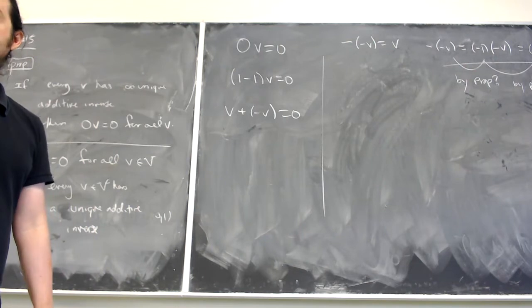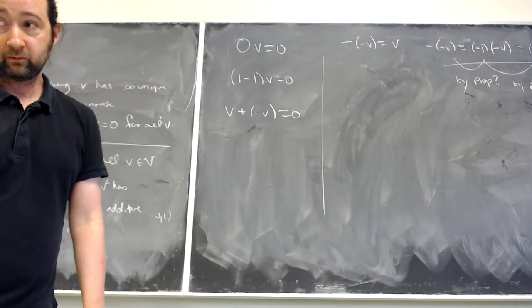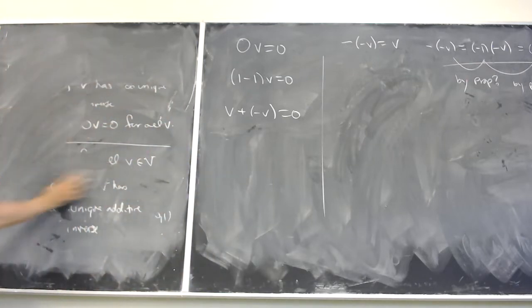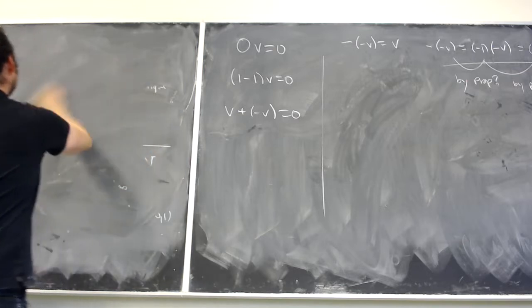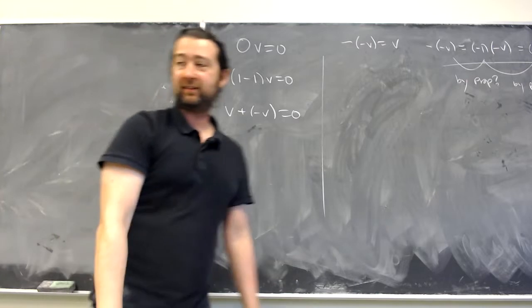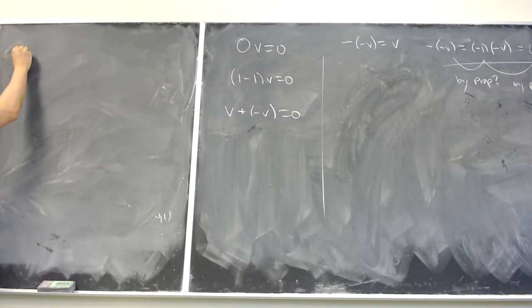Anything else? Yep. Which one was that one? Just remind me what the statement is. I think it was like, suppose A is an element of the field, B is an element of capital V, and AB is equal to 0. Prove that A equals 0 or B equals 0. Oh, okay.